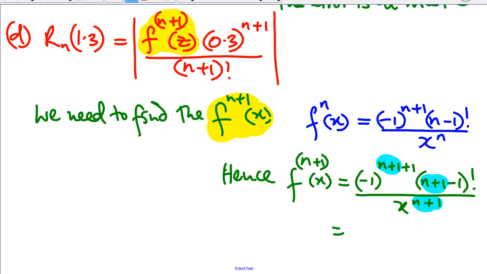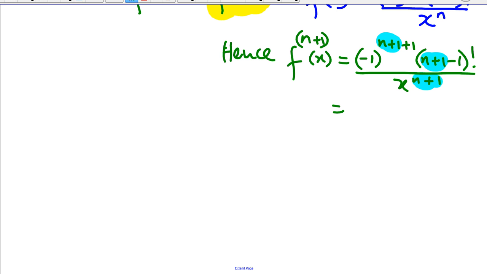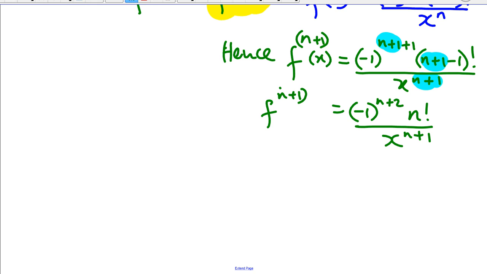So what I'll end up with is negative 1 to the power n plus 2 multiplied by n factorial over x to the power n plus 1. So this is my f^(n+1)(x), the (n+1)th derivative of this function.